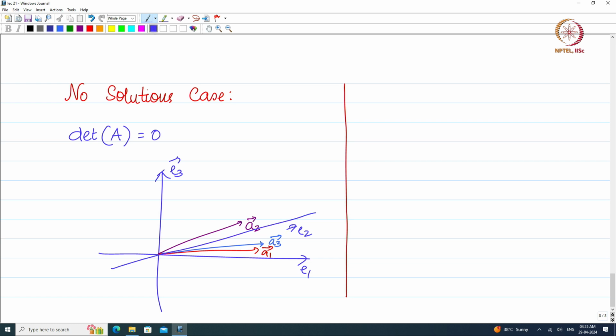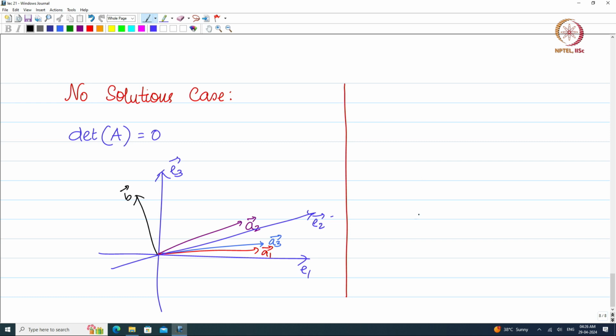Now, where is the B vector sitting? The B vector is out of this plane, let us say the B vector is here. If this is the case, then the B vector is not on the plane spanned by A1, A2, A3. B is outside of the plane and therefore, we have no solution.